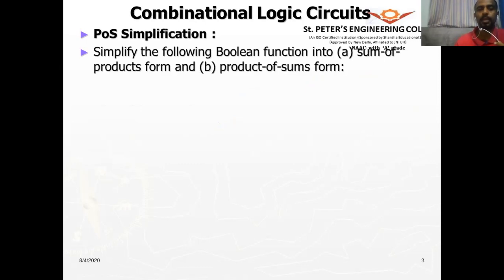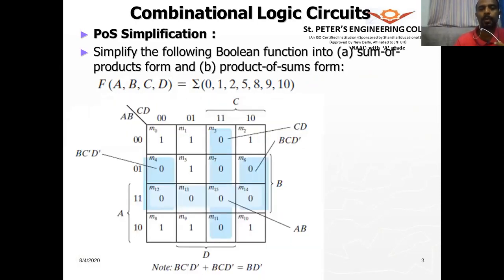Given here is a problem, a Boolean function. It is in the SOP form. We first express it in the SOP form, simplify that, and then write it in the POS form. In full, the SOP form will be M0, M1, M2, M5, M8, M9 and M10.